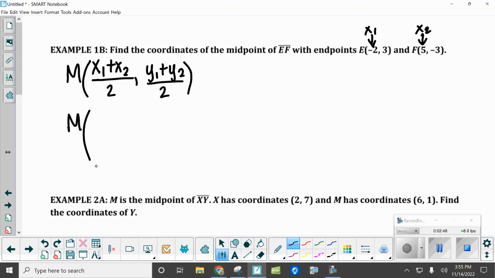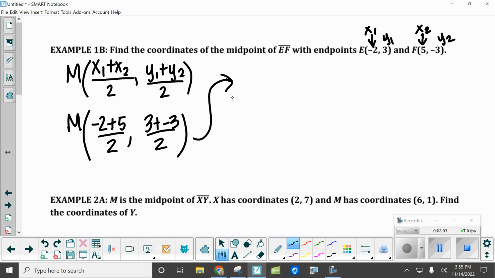So that's going to give me -2 plus 5, and then that one is my y1, and this one is my y2, so 3 plus -3 over 2, which in turn I ran out of room because I write too big. Midpoint is 3/2 because -2 plus 5 is 3, and then 0 over 2 is 0. Done.